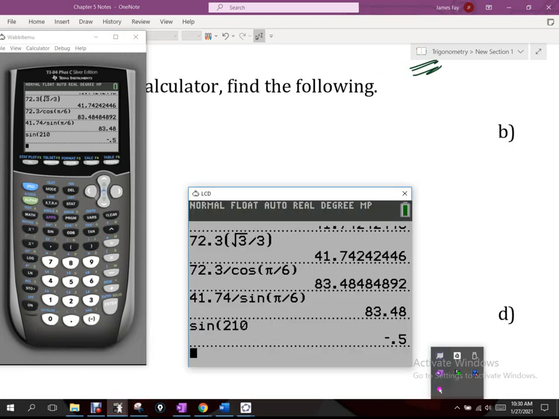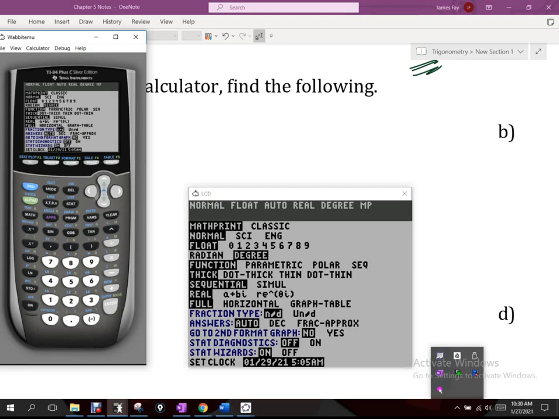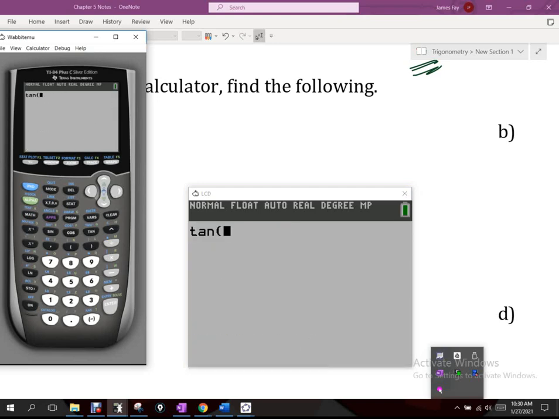So if they say tangent of 40, then I've got to know that they're talking about degrees. Make sure my mode is in degrees, and then just type in tangent of 40. 0.839. So what that tells me is that every single right triangle, it only works for right triangles. SOHCAHTOA is just for right triangles.